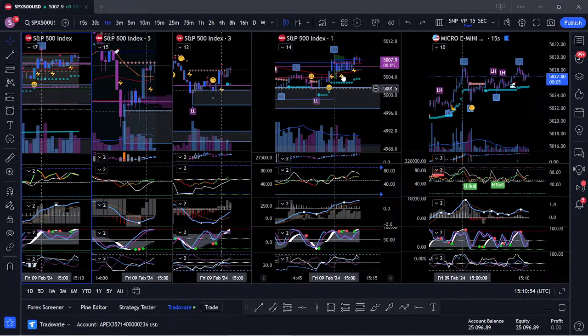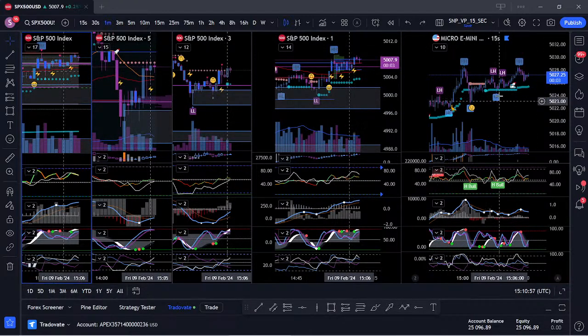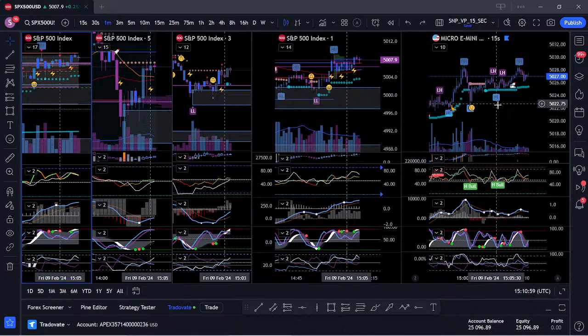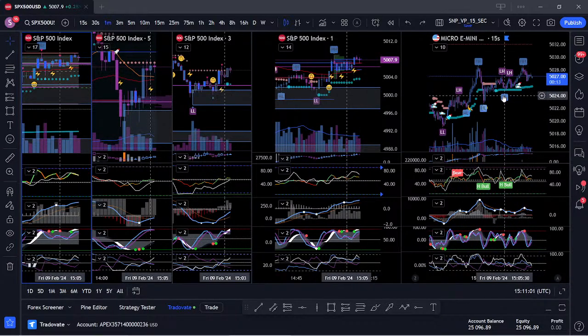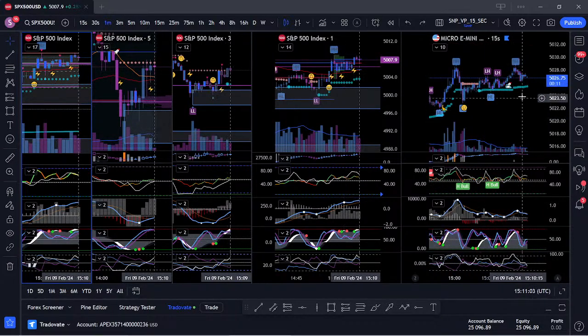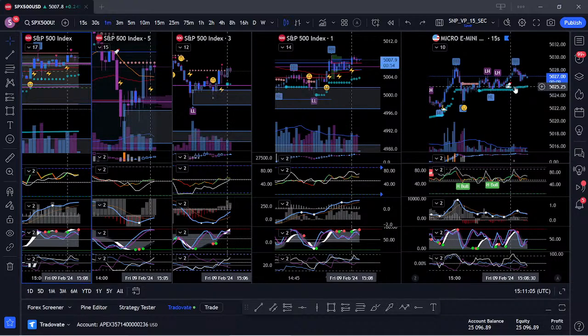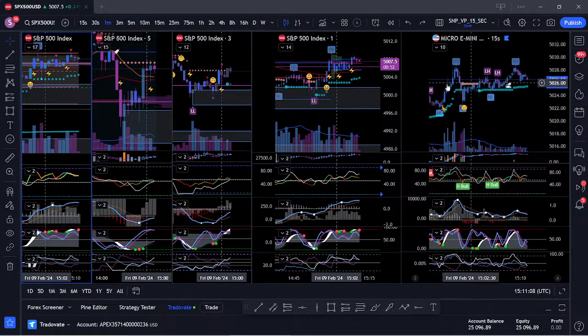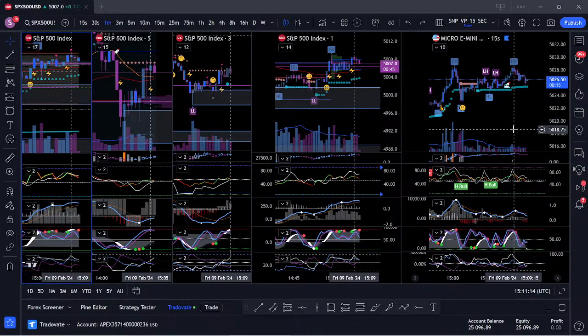If we can't find a 1 minute pullback, then we can look at the 15 seconds pullback. A 15 seconds pullback is anything below the ATR, which is anything below this. That means this line should turn into this brownish color.